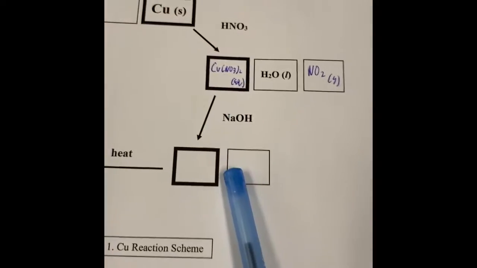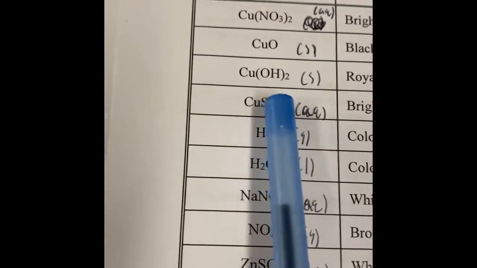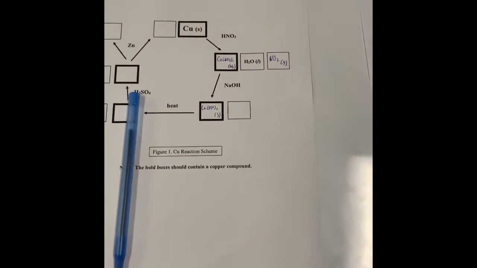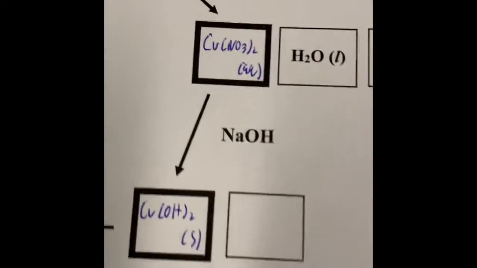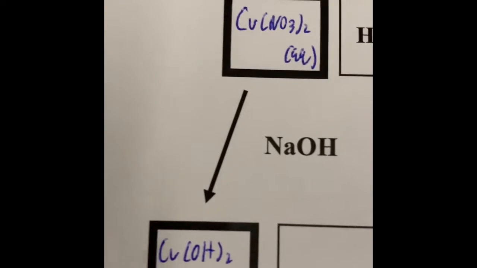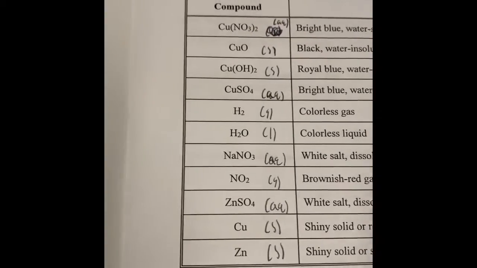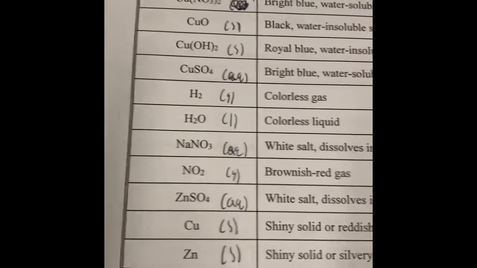Going back to the chart to check, OH is hydroxide, Cu(OH)2 has hydroxide, so it very much makes sense. From there, it is also apparent that salt must be present because it was in Na. Going to the table, the only source of Na is in NaNO3, so it must be present.